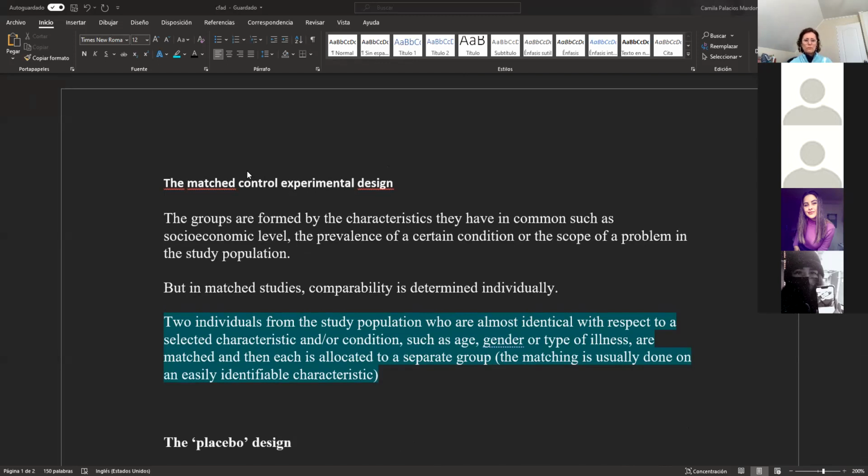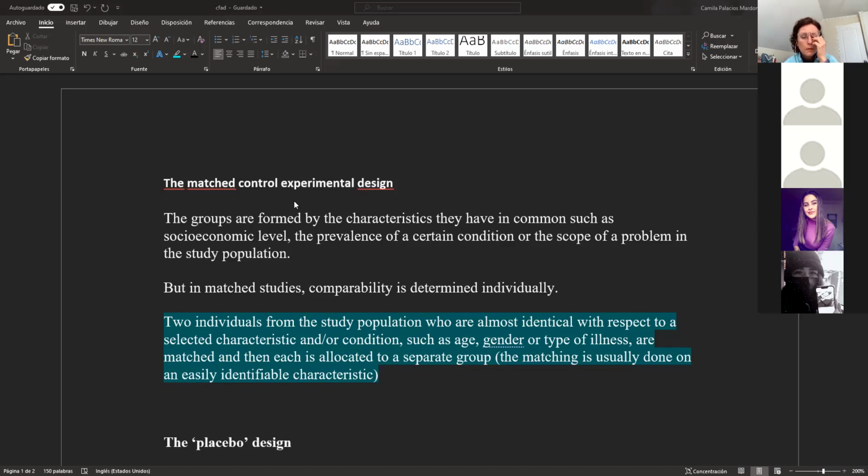But in a matched study, the comparability is determined individually. For example, we have two individuals. We select them on characteristics such as age, gender, or type of illness. So they are matched, and then each is allocated to a separate group.